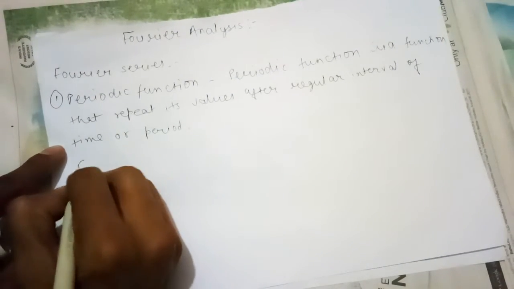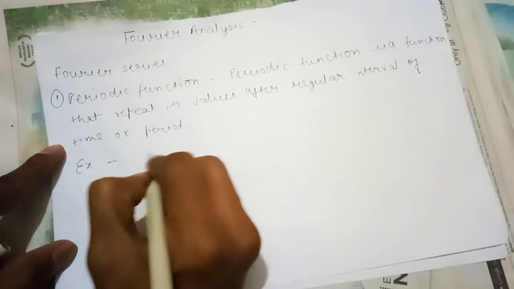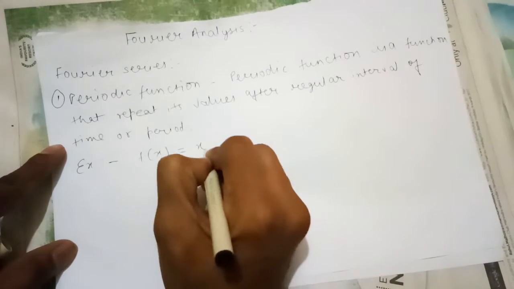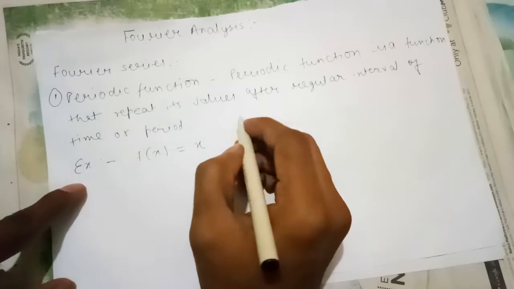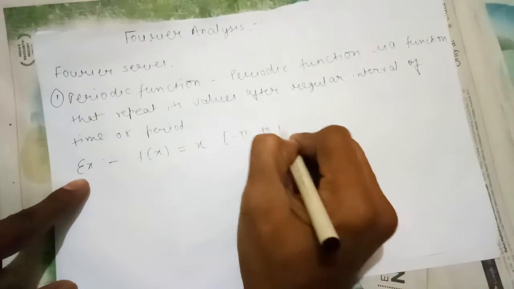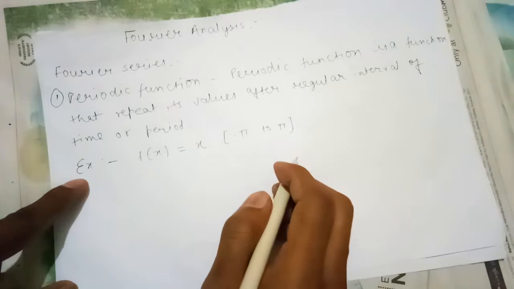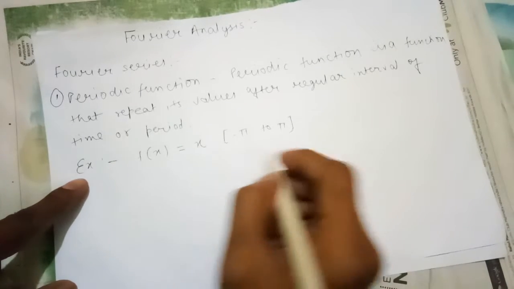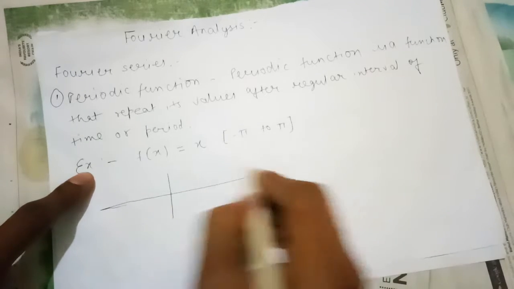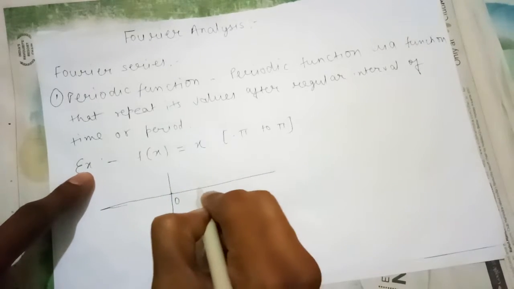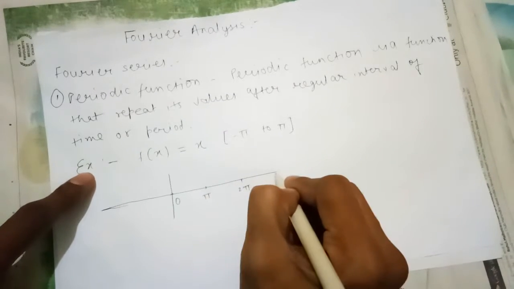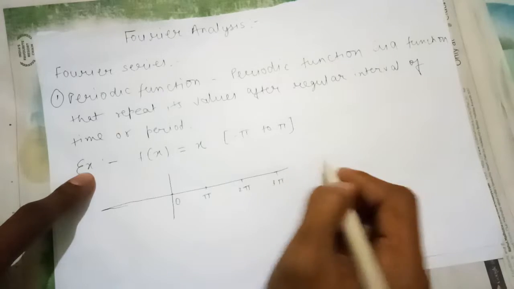Now let's take the example. Suppose we are given the function x, which is periodically defined in the interval minus pi to pi. If we plot the graph for this function, we'll get a graph like this. This is 0, this is pi, this is 2 pi, and continuing 3 pi, and so on.